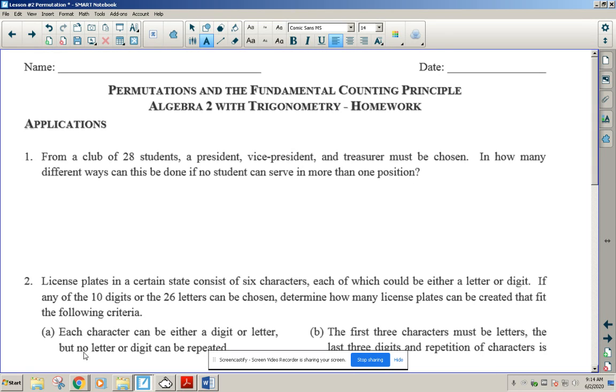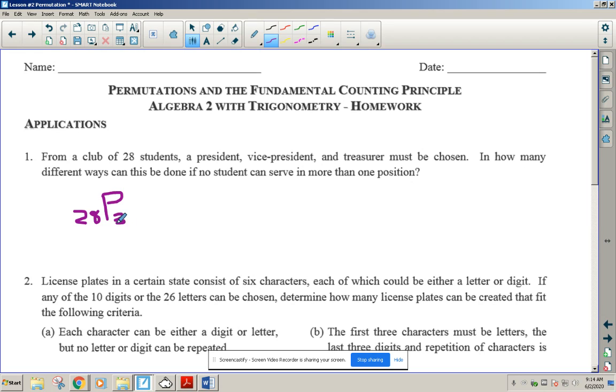From a club of 28 students, so here's my N, president, vice president, and treasurer must be chosen. How many ways can this be done? This again, it's a permutation. This is 28P3 people.